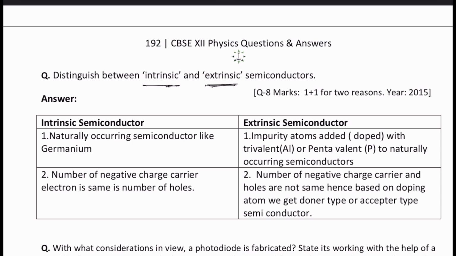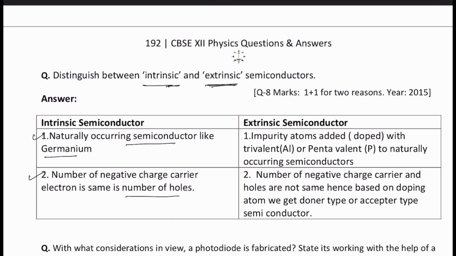So let's see the difference. Intrinsic semiconductors are naturally occurring semiconductors found in nature, like germanium, silicon. The number of negative charge carrier electrons is the same as the number of holes in an intrinsic semiconductor.